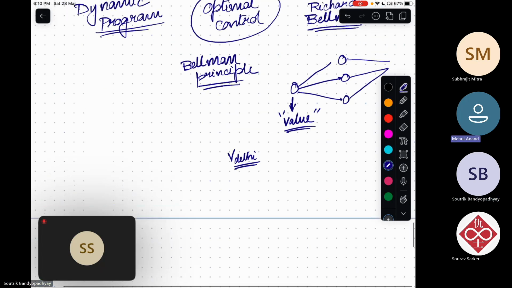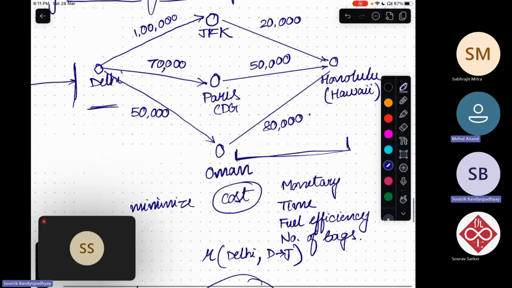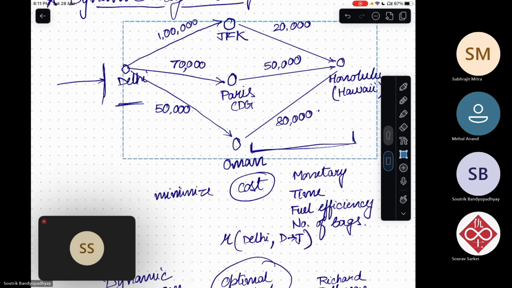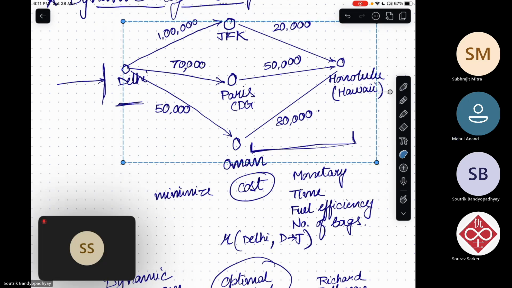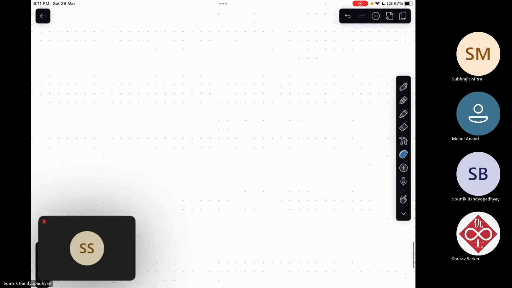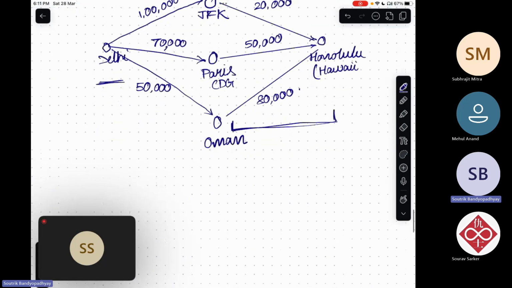So let me work backwards through it here. In this scenario, let me just copy this diagram here. Let me just paste it here, right? And in this scenario, what is the effective cost from JFK?